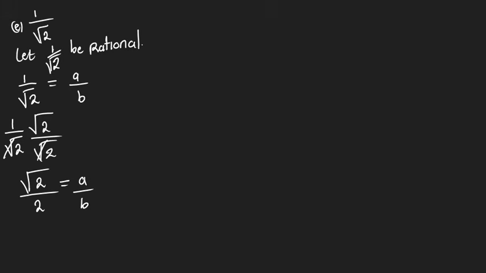Okay, so when we reach here, what are we supposed to do? We can cross multiply. So if you cross multiply, you're going to get something like B root 2 is equal to 2A.